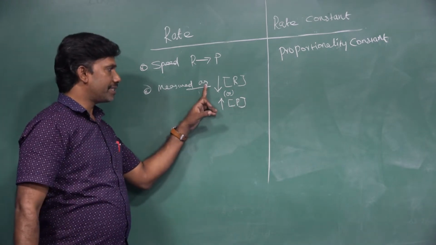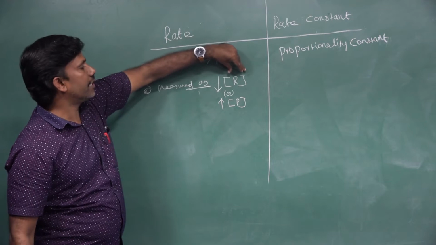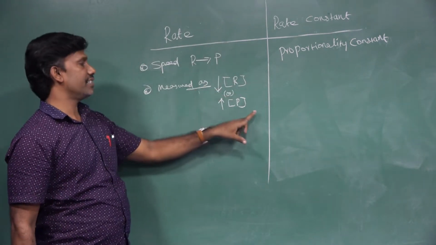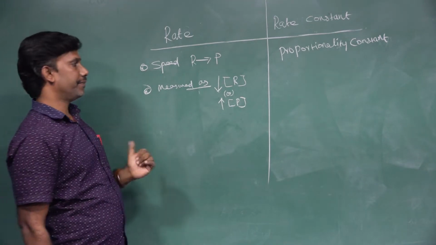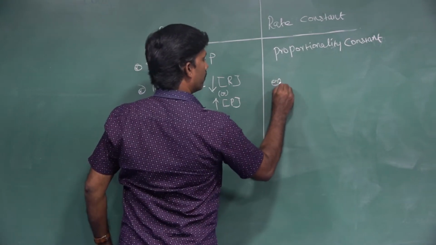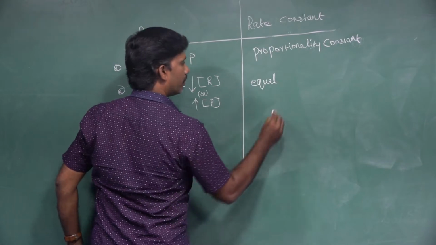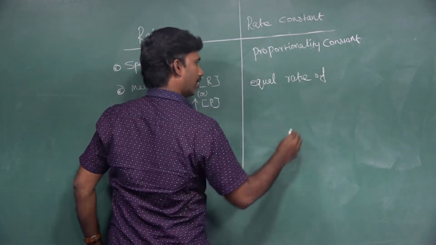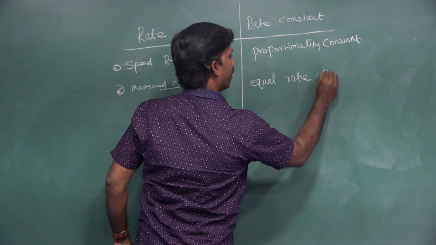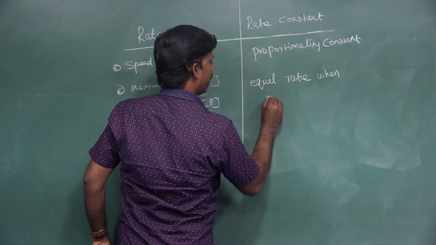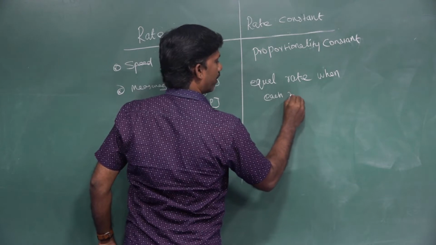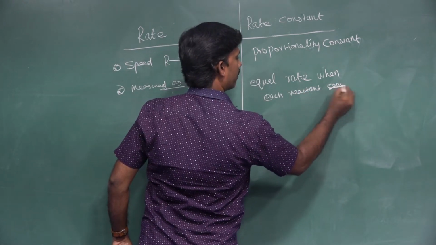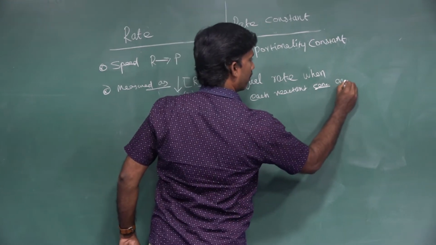Whereas the rate constant is equal to the rate of the reaction when each reactant concentration is unity.